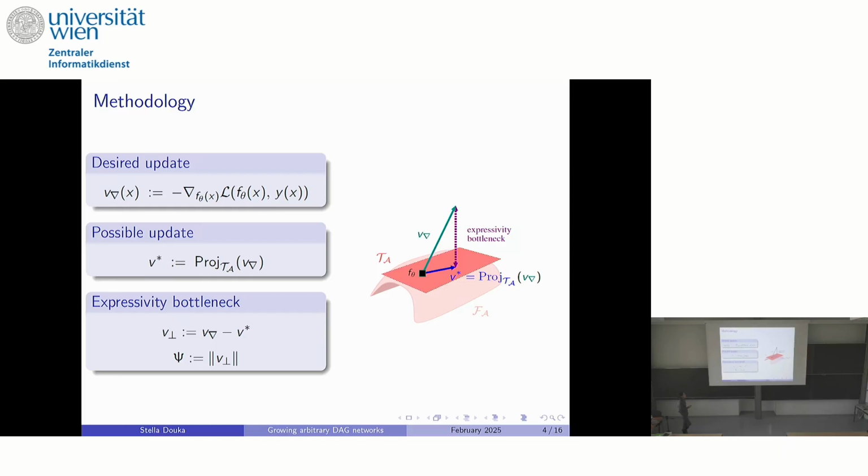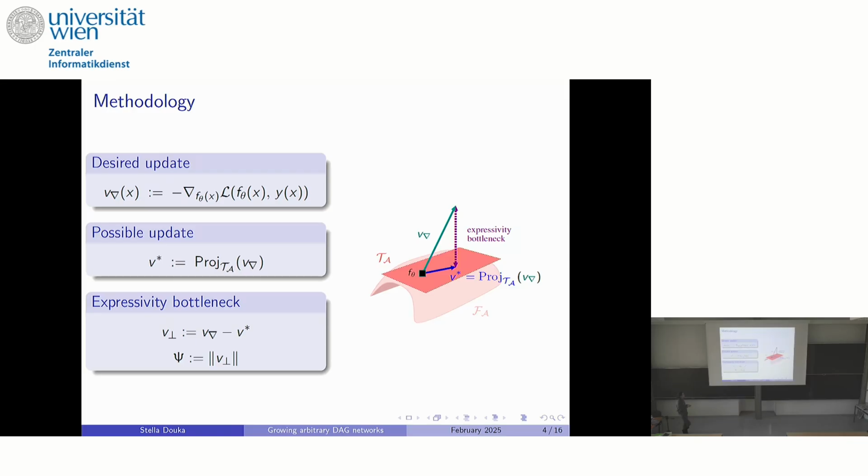We have a desired update about where our parameters want to go in order to have a better outcome. And this usually is outside of the tangent space because our network is not expressive enough and it cannot represent functions that appear here outside of our tangent space. So what we do instead is we take the projection, that is the possible updates over the existing parameters of the network. We have seen this before.